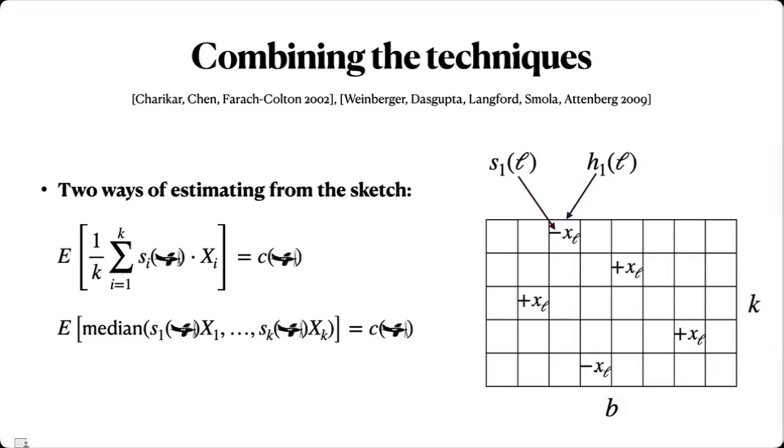I see. So it's an interesting question: are there better ways of making these things reliable? The median is nice, but it's a very non-linear technique.